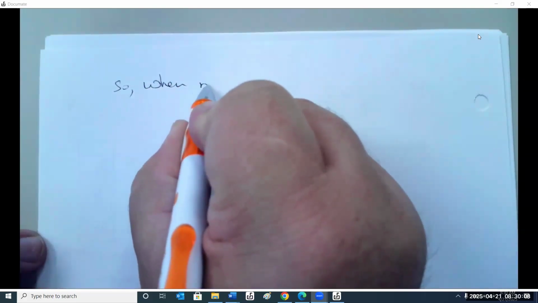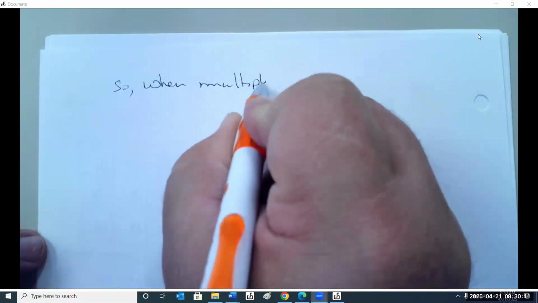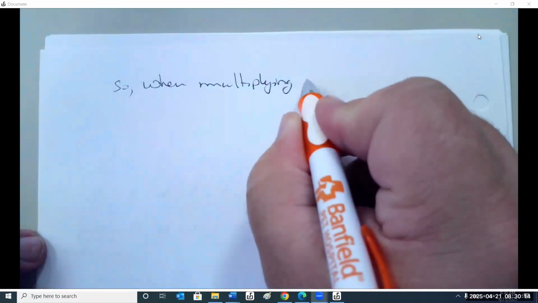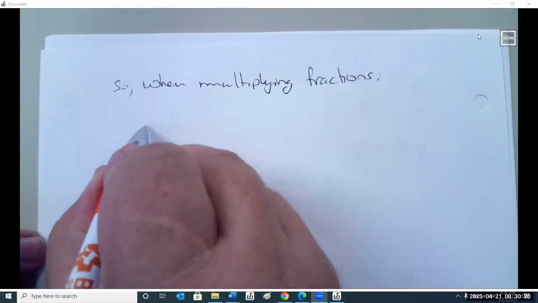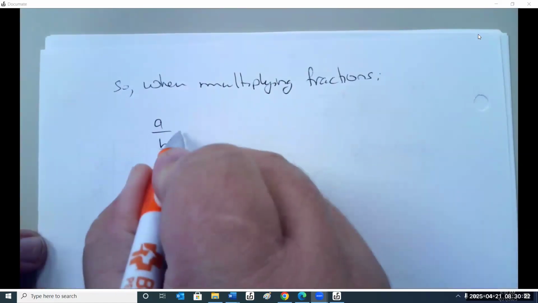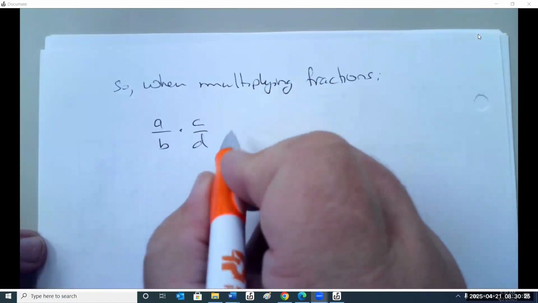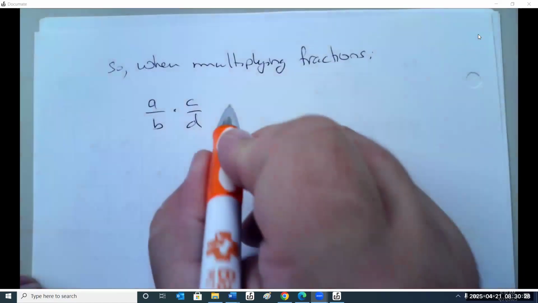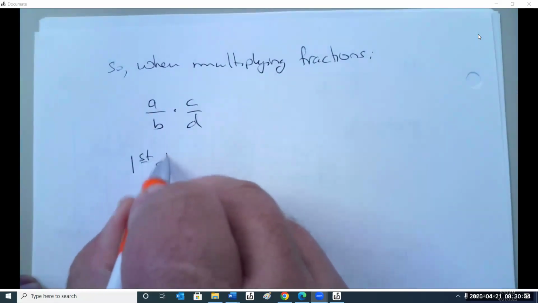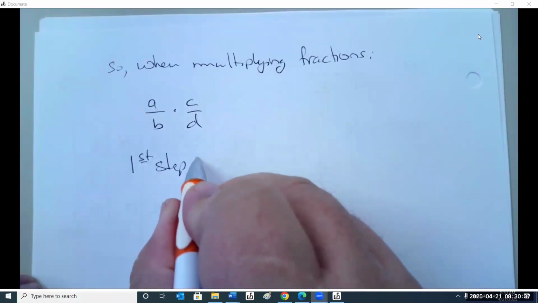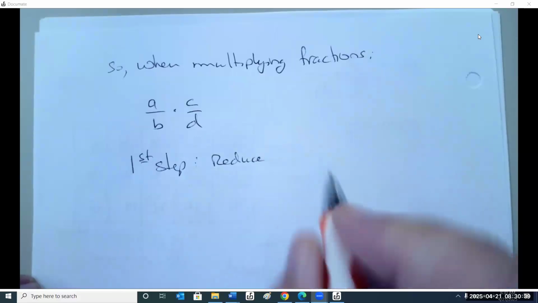So here's my modification. When multiplying fractions, A over B times C over D. First step, reduce.